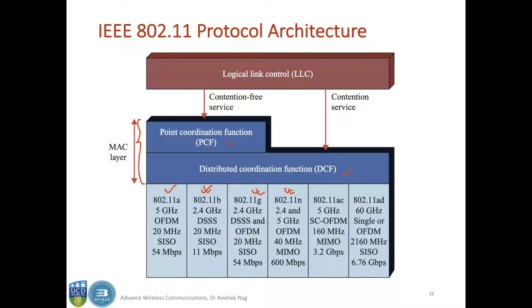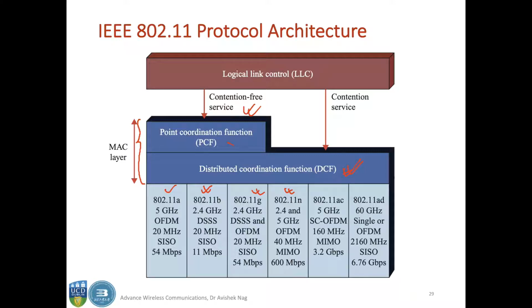Okay, so in a MAC algorithm for 802.11, it provides basically a distributed access control mechanism with an optional centralized control built on top of that. So the point coordination function is basically a centralized MAC algorithm used to provide contention free services, and the DCF is for contention services.